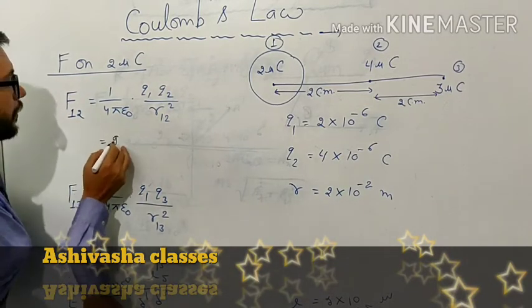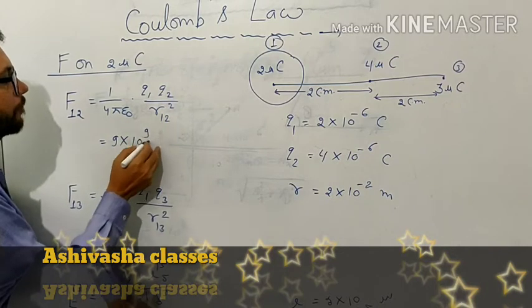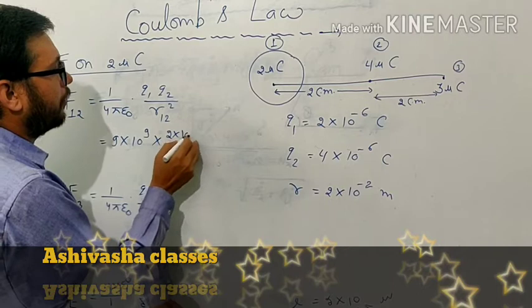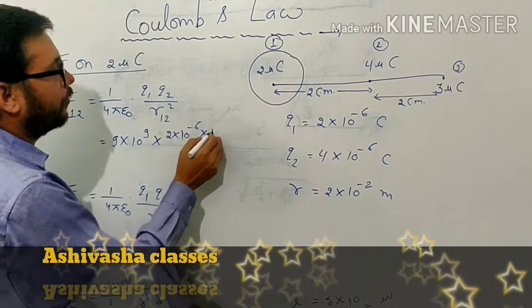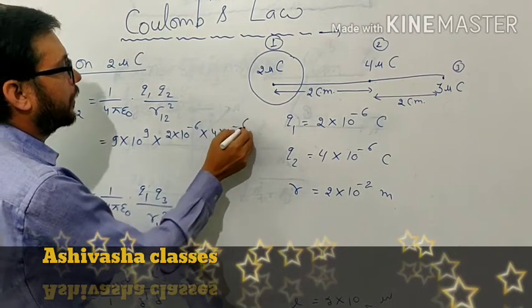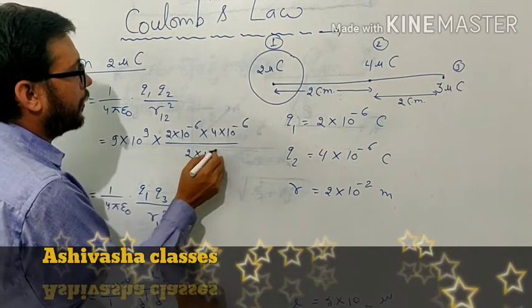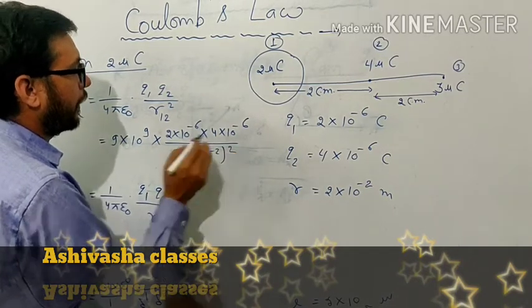So this is the value 9 into 10 to the power 9, q1 that is 2 micro, minus 6, q2 4 micro, minus 6, r12 that is 2 centimeter, minus 2 whole square.